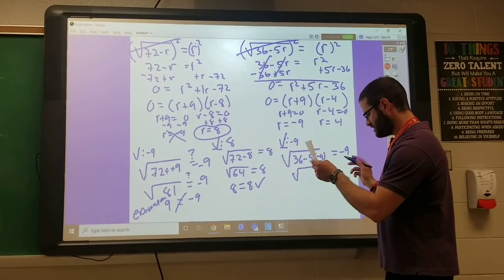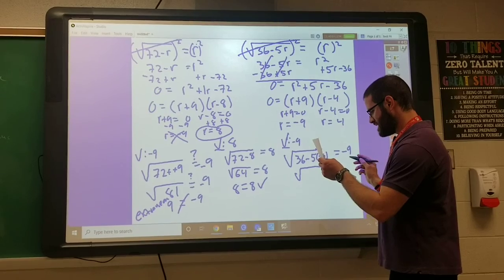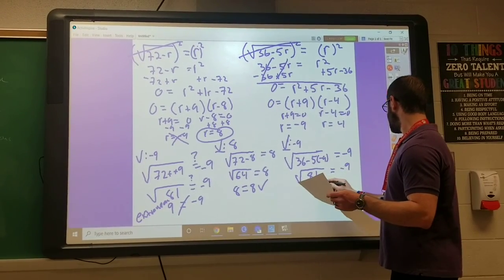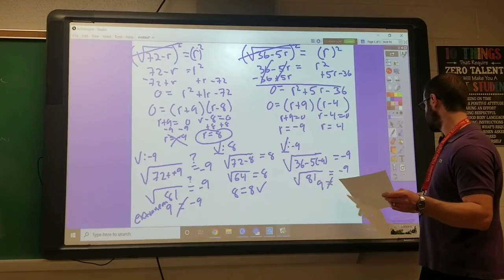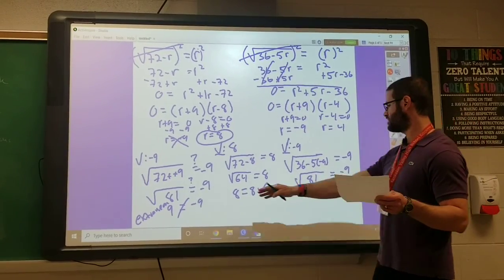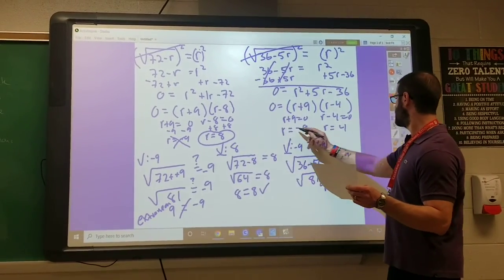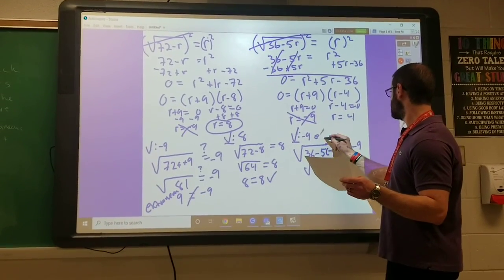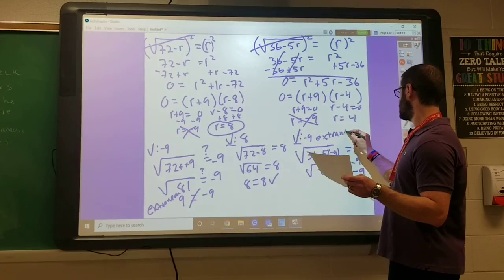So 36 plus 45 gives me 81 in here. The square root of 81 is 9. 9 is not equal to negative 9. So similar situation to here, we would say negative 9 is extraneous.